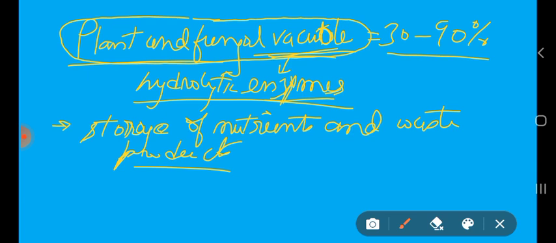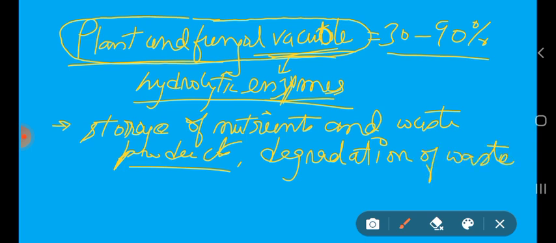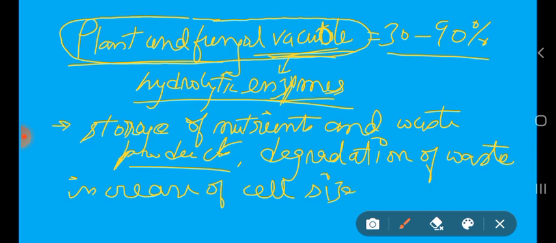Okay, second function of this type of lysosome found in animal and fungal cell is degradation of the waste material. That is also done by our animal cells also. Then increase of cell size, obviously, and control of turgor pressure.